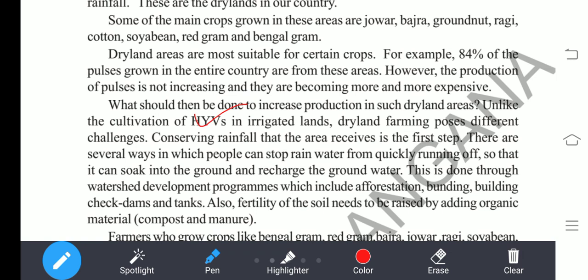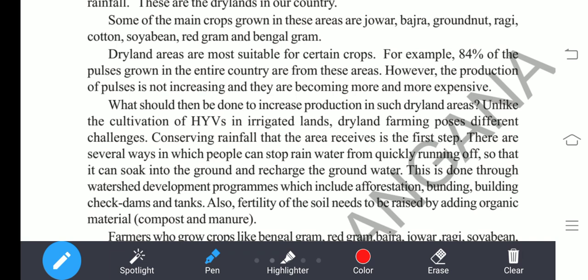Whereas in a dryland area, it's very difficult to provide irrigation. So there are certain challenges faced by dryland area. Understand? Let's find out what the challenges of the dry land are. The first one is rainfall should be conserved.